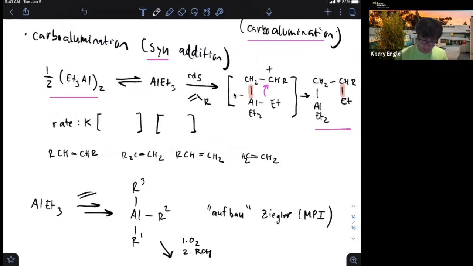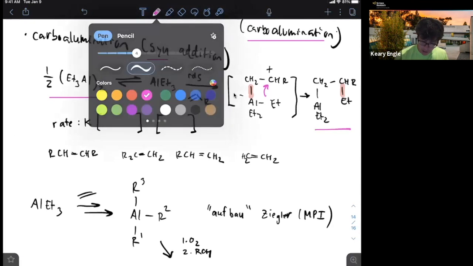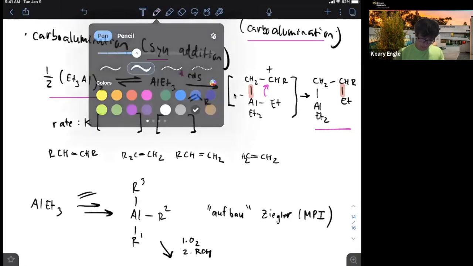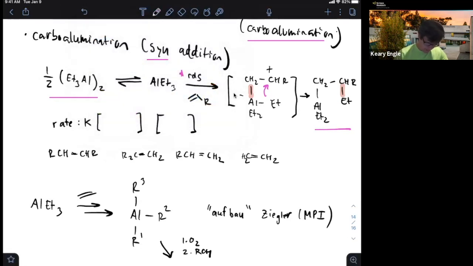And given the fact that we're showing here that the rate determining step is the addition of the monomeric form of triethylaluminum to the alkene, then we'll have a rate law where we have the dimeric species here with half order dependence, the alkene with first order dependence.